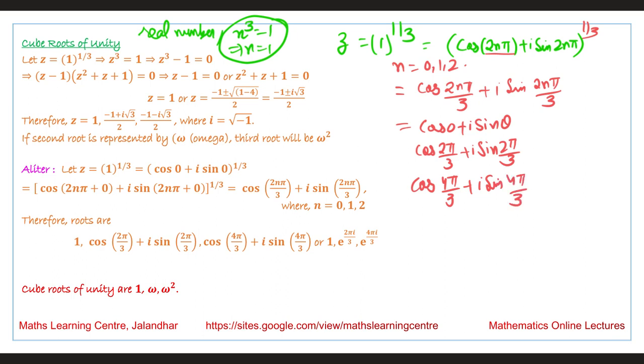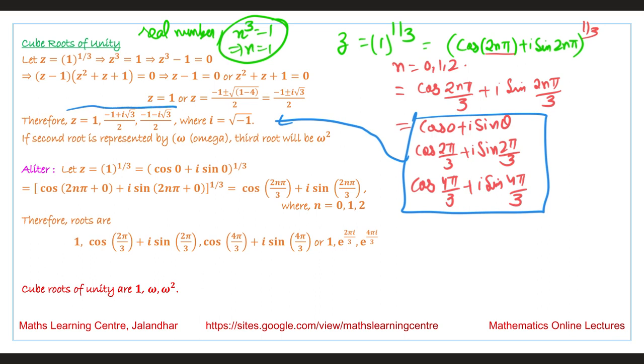And if we solve these values, we obtain 3 answers in this form. That is, these roots are 1, minus 1 plus iota root 3 by 2 and minus 1 minus iota root 3 by 2. So these roots we can also write in the form 1, e raised to the power 2 pi iota by 3, e raised to the power 4 pi iota by 3.